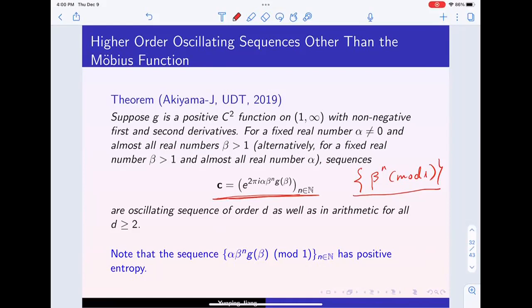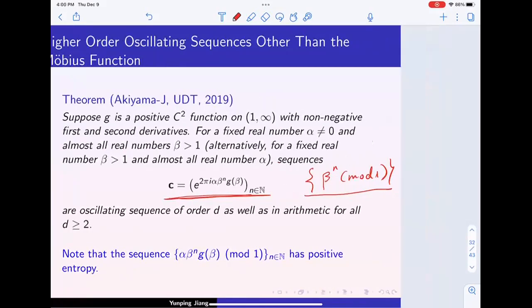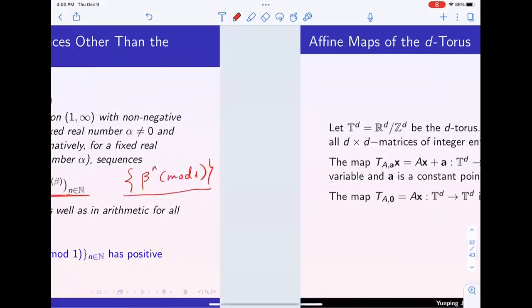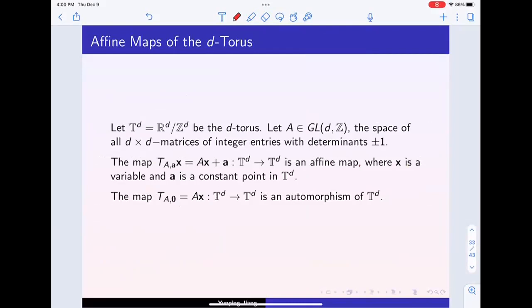That is one result. But then I try to compare this high order with torus maps. So now we consider a torus map. You can think of the D torus as a lattice in R^D. Now you take an integer matrix, project to the torus, and get an alpha map.